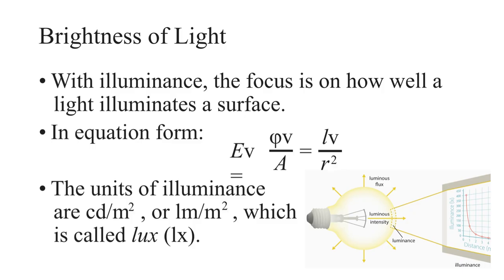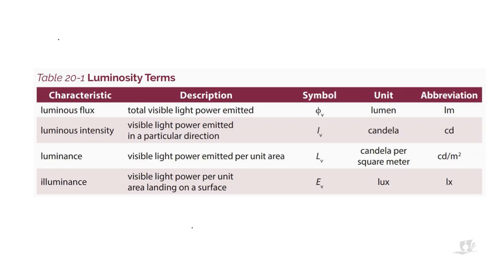Let's look at the summary of all of these crazy terms that you can go back to if you need to. These are the 4 terms that you're going to need to know from this section. Luminous flux is the total visible light emitted. Luminous intensity is the visible light emitted in a particular direction. Luminance is visible light power emitted per unit area.